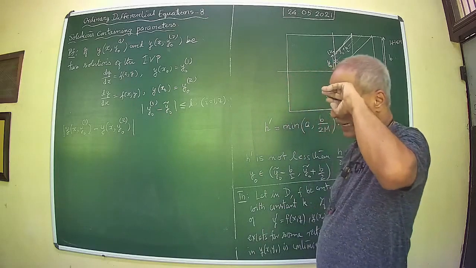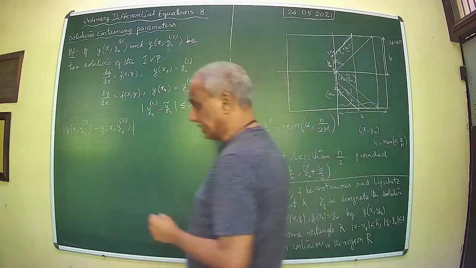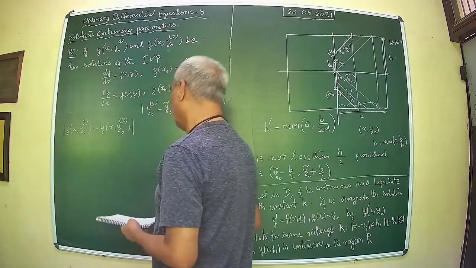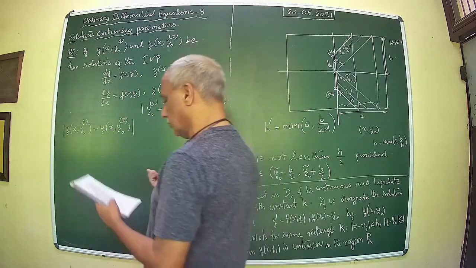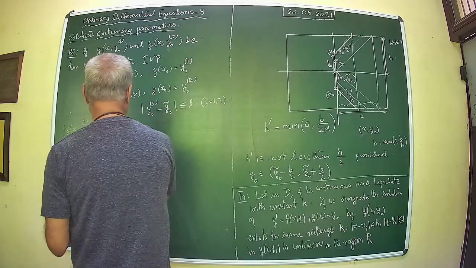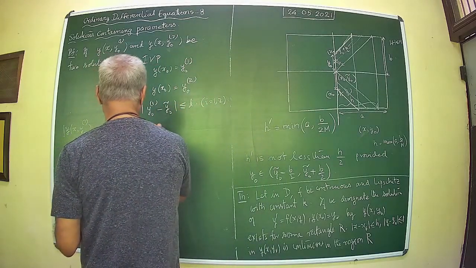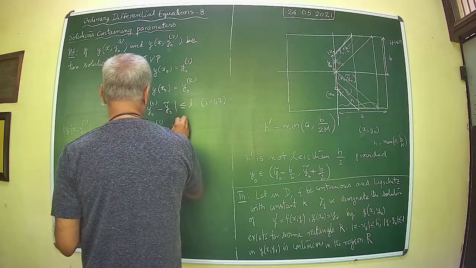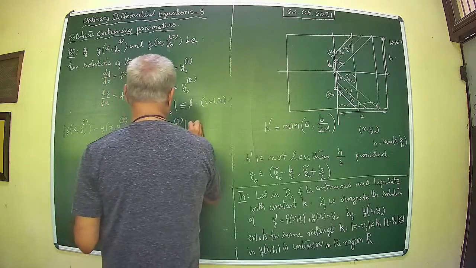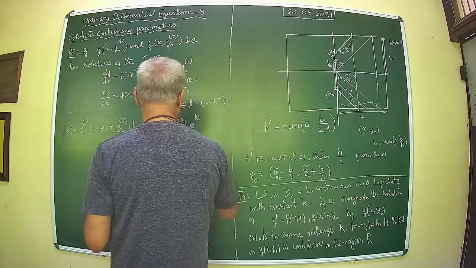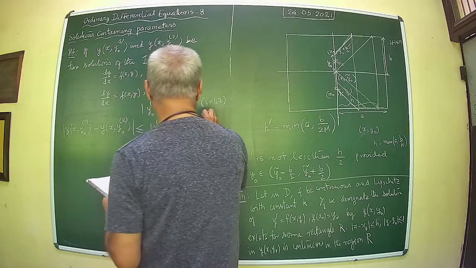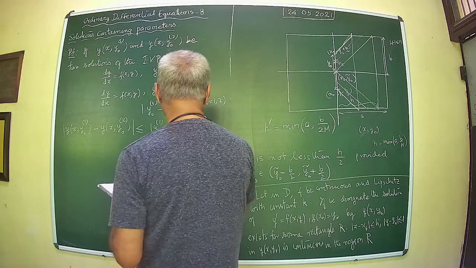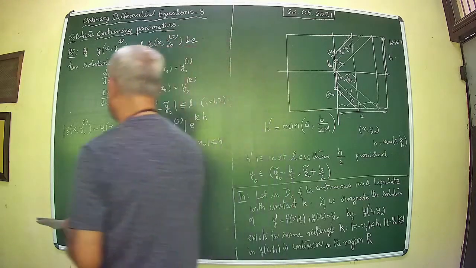Therefore, the second term, which involves the error in the fundamental inequality, would be 0, whereas the first term will involve a term like this: |y01 - y02| e to the power k h. Now h is the interval on which the solution exists. This is using the fundamental inequality.